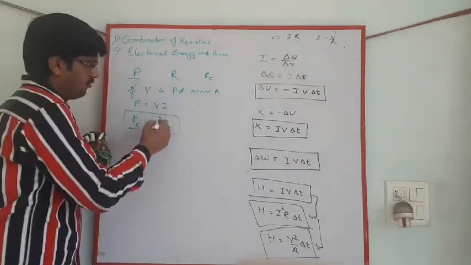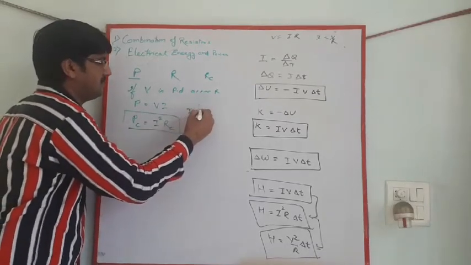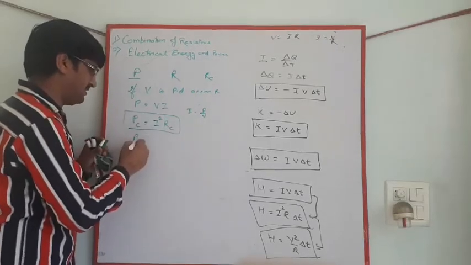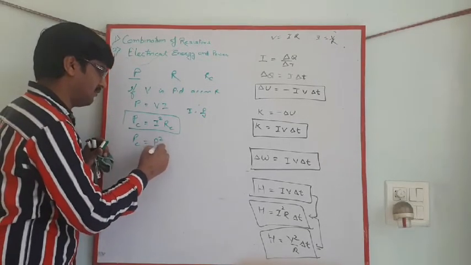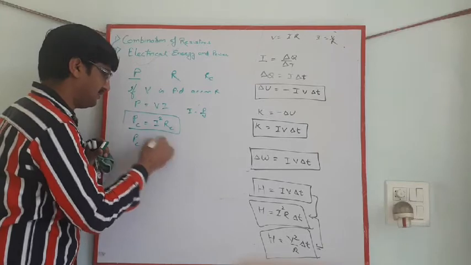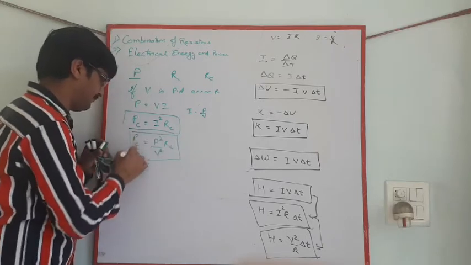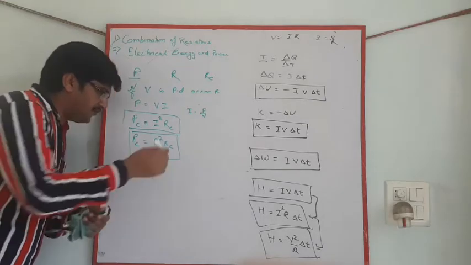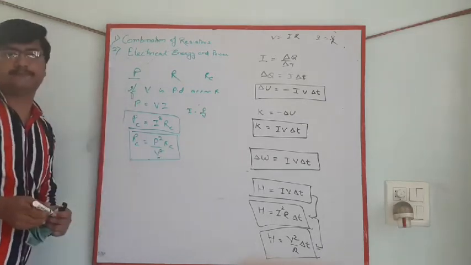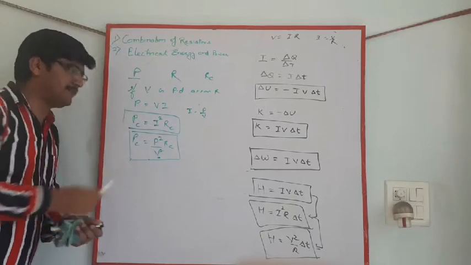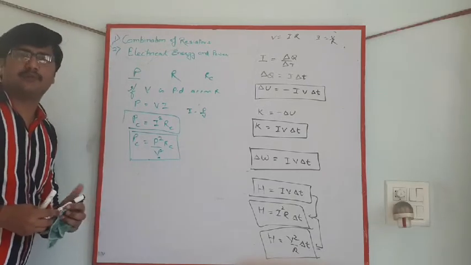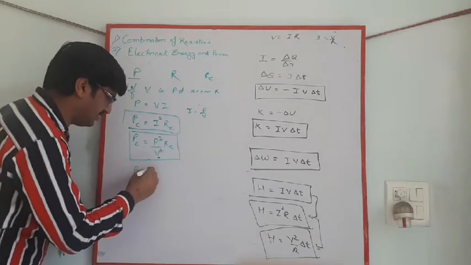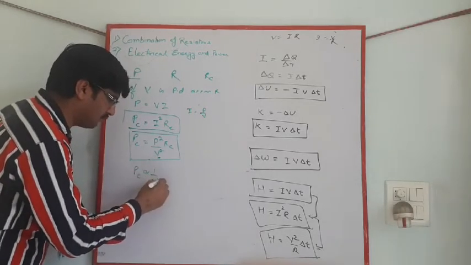Now, if I say I is equal to P upon V, substituting here, PC becomes P square by V square RC. Now, if V is large, the power dissipation will become very small, inversely proportional. PC is inversely proportional to V square.